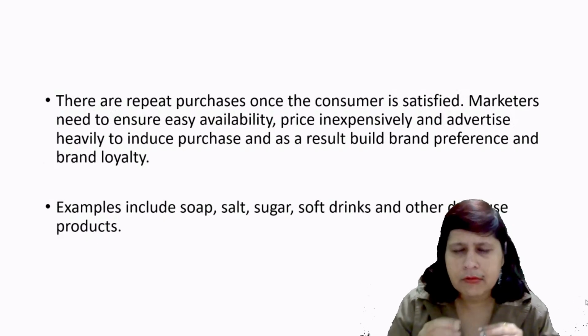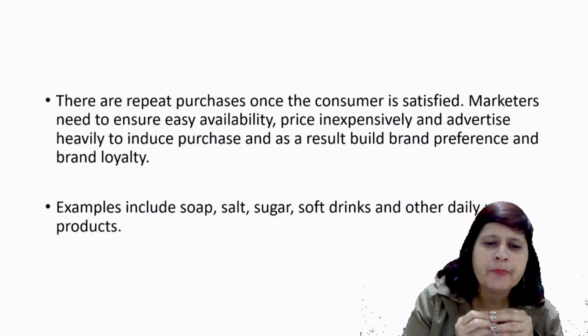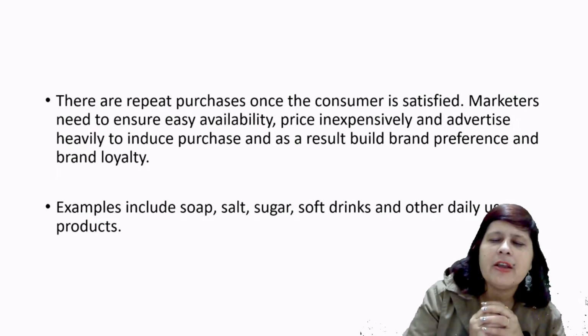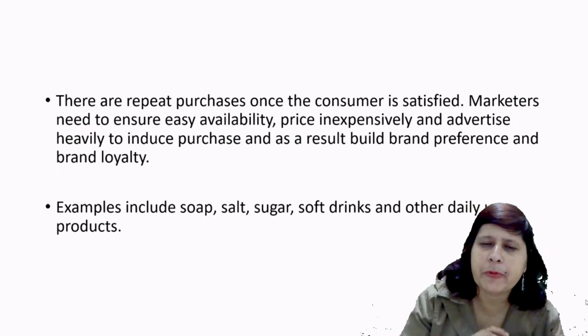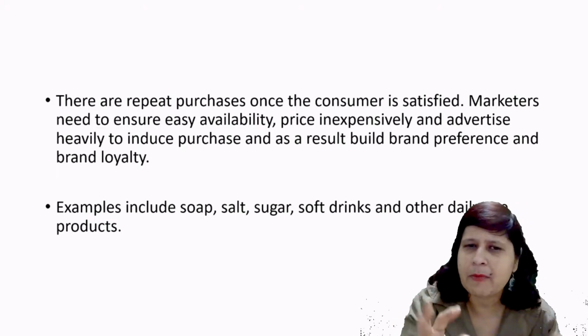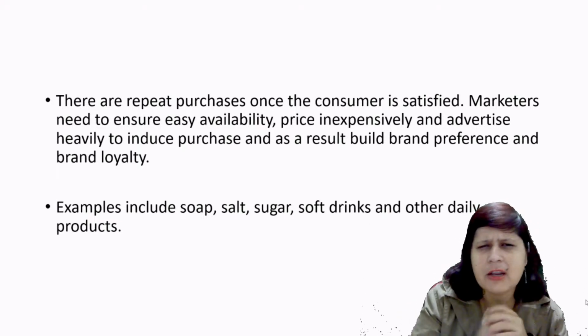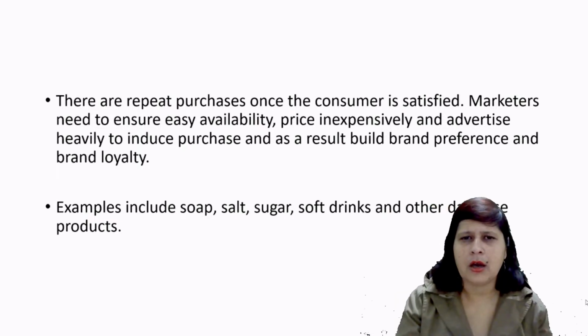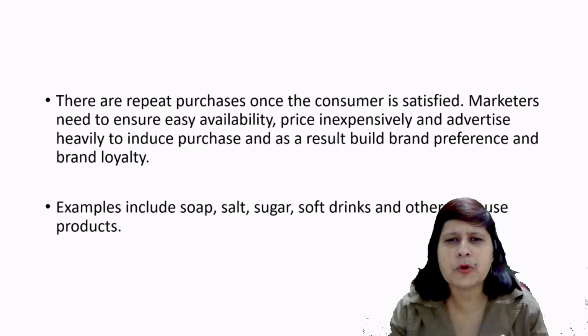And in non-durable products, marketers need to ensure easy availability of the product, right? If the product is easily available, I might purchase it. If it is not easily available, I might switch to some other brand. Suppose I am taking Tata Salt, right?